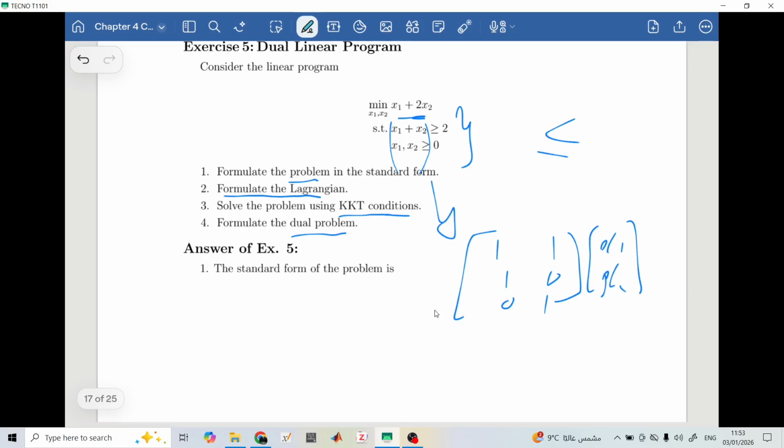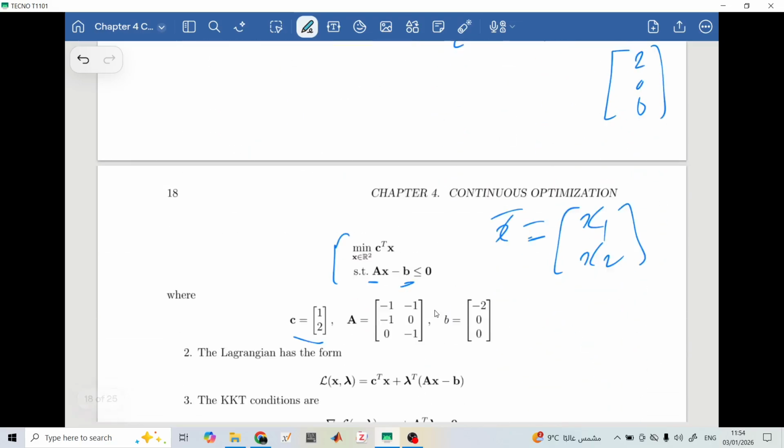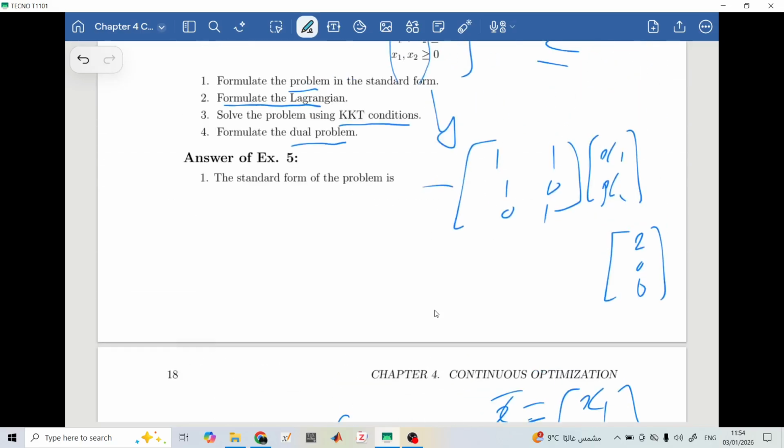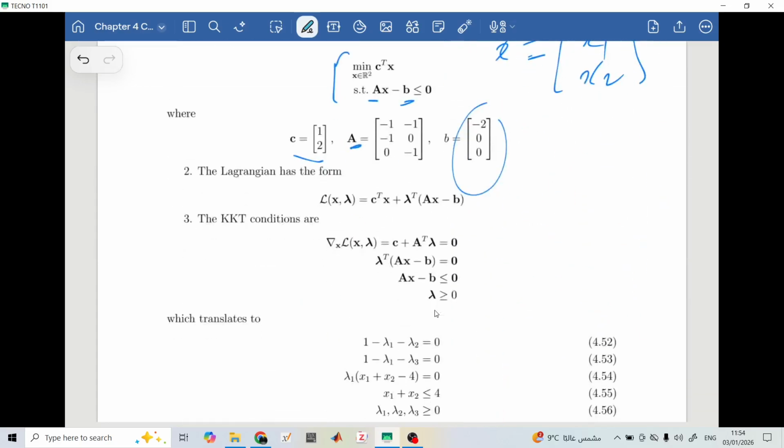What about b? b is 2 for the first inequality, then 0 and 0. But here we have greater than or equal, so we need to multiply them by -1 to make them less than or equal. That's why we have this A here, and of course you multiply both sides by -1, so b becomes negative as well.